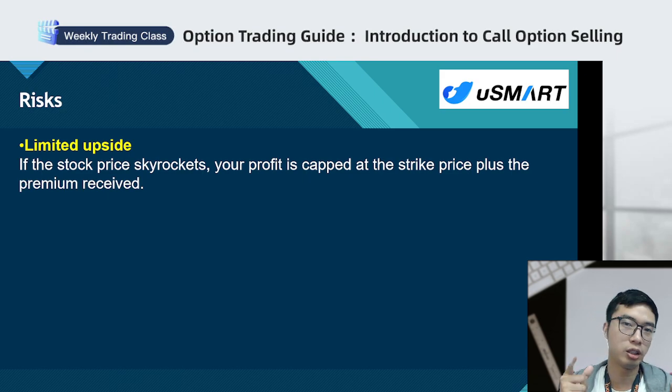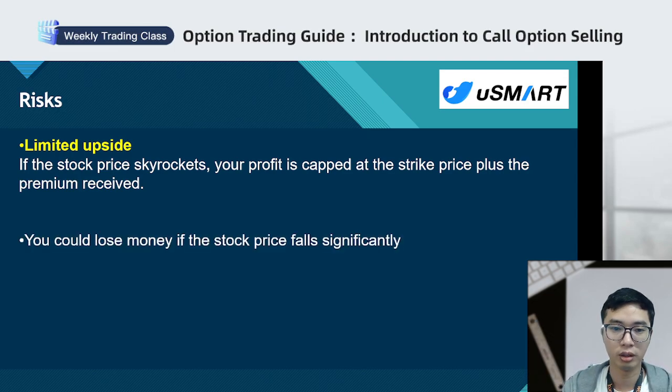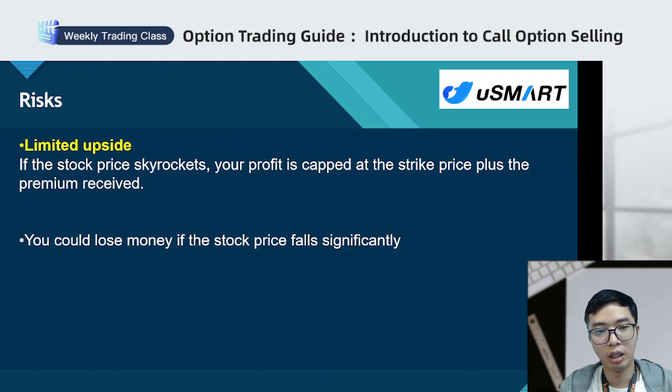So selling covered calls is one of the best strategies for those who own a stock long term and want to TP at a higher price. Here, the risk: you could lose money if the stock price falls significantly. That applies to selling puts only.